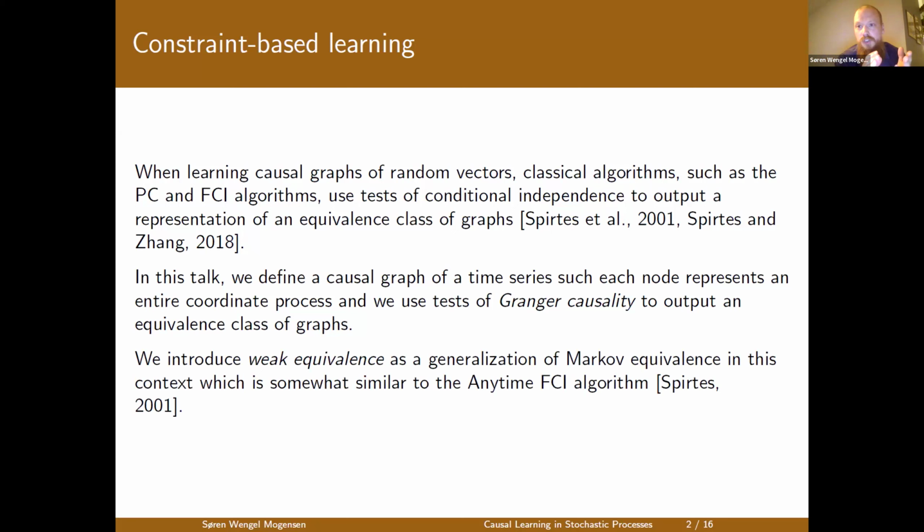Normally the goal is to output all of the graphs that could represent the Granger causalities that you observe in the data, but we will show that this is very difficult. And for this reason, we will relax this notion to arrive at these weak equivalence classes.